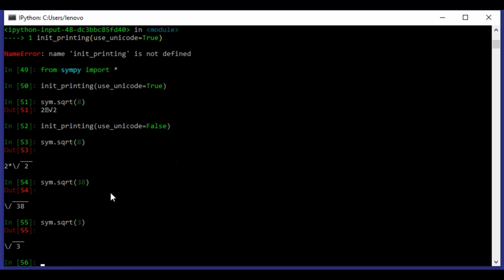Earlier it was displaying as sqrt 3 using this SymPy package, but since we are making use of the corresponding Unicode characters, we have got this square root symbol. Okay, we can make use of all of these.